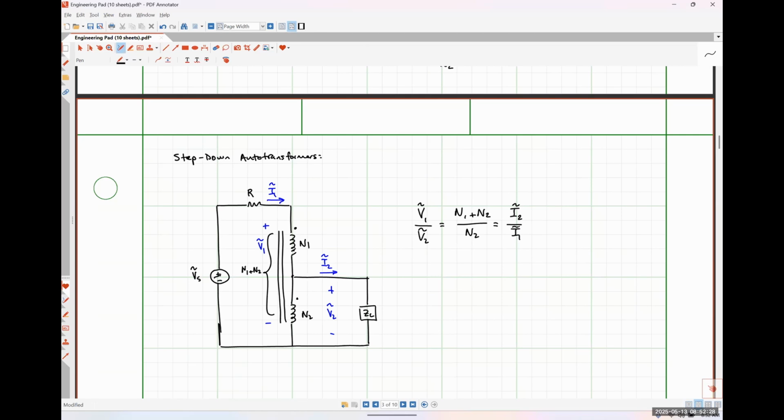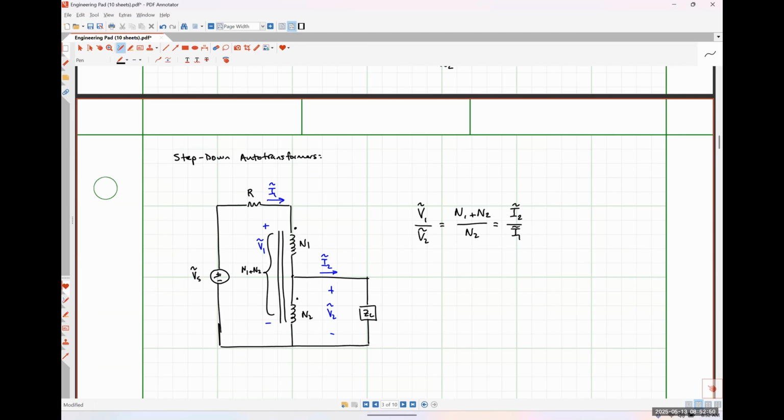Another thing that we need to take into account when we're dealing with auto transformers is that there is no isolation between the primary side and the secondary side. So what I mean by that specifically is in a traditional 2-winding transformer, the primary side and the secondary side are not physically electrically connected together, right?